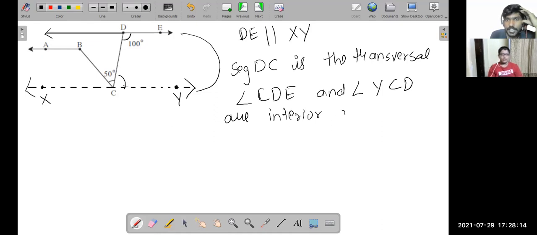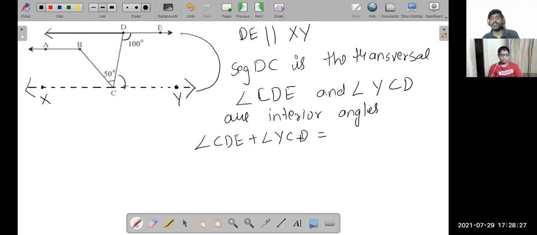Since the lines are parallel to each other, if you add the interior angles, the sum of interior angles is 180 degrees. Supplementary.